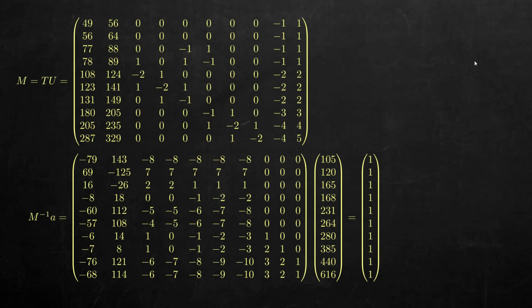This means that the rows of this inverted matrix are the solution to the linear Diophantine equation associated to the set A.